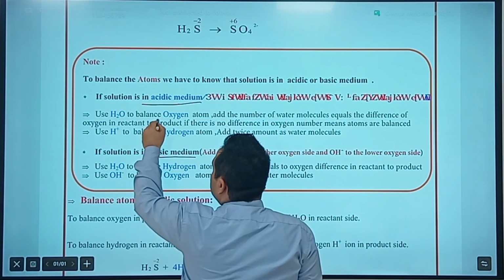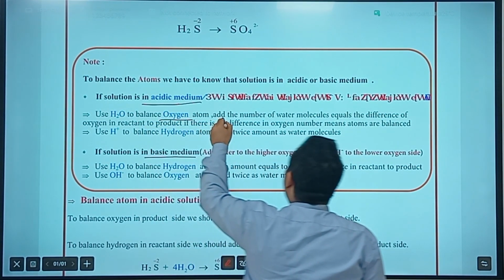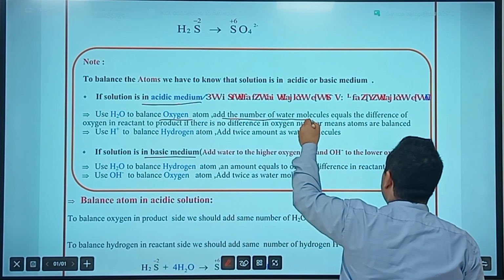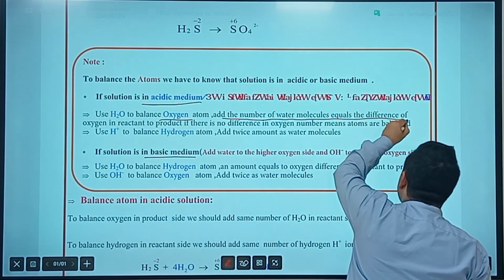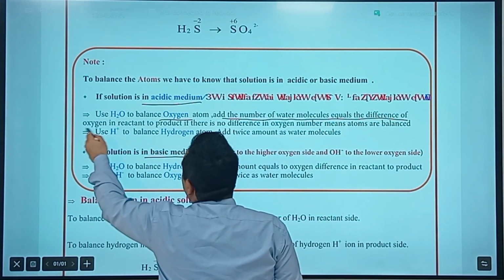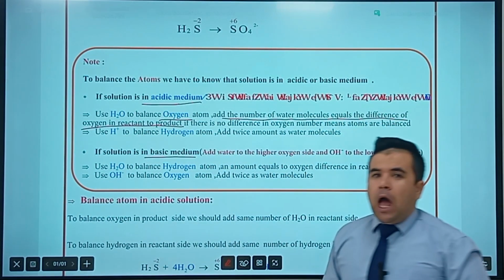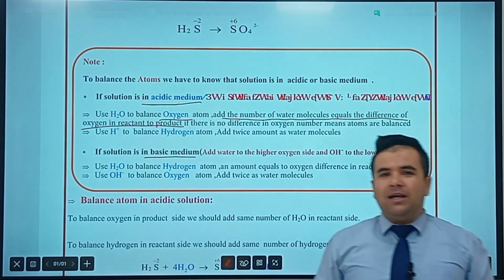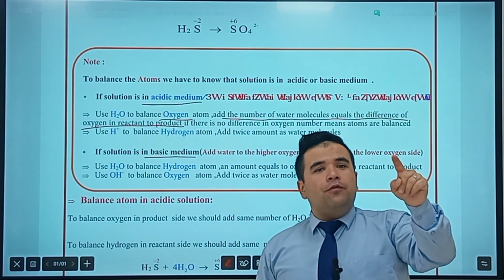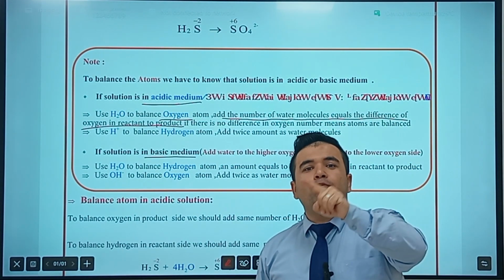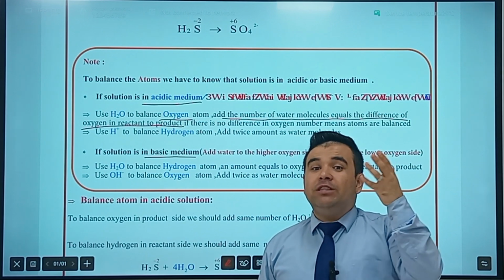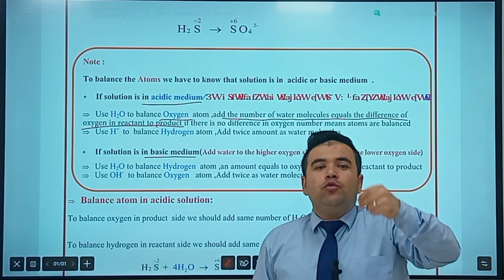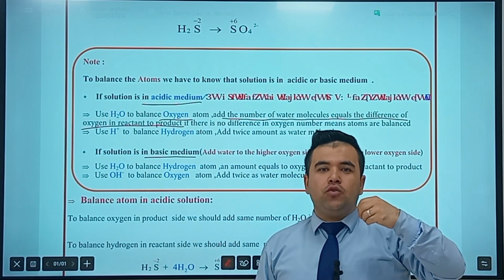Use H2O to balance oxygen atoms: add a number of water molecules equal to the difference of oxygen from reactant to product.